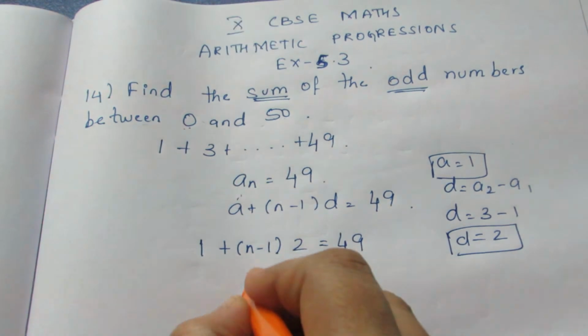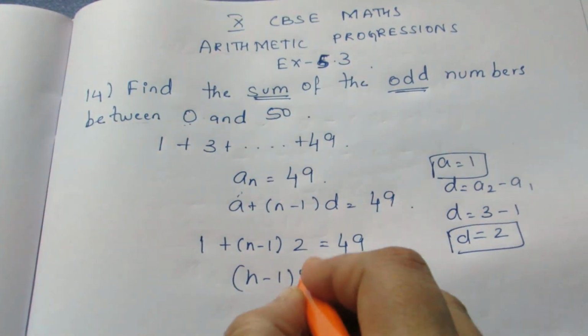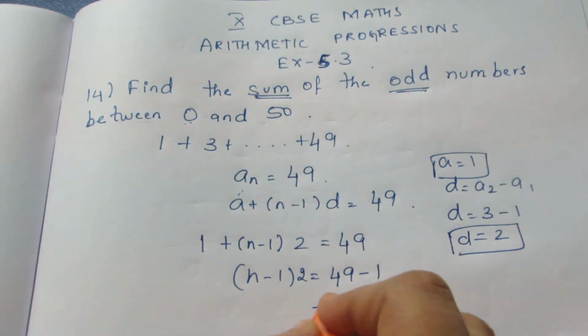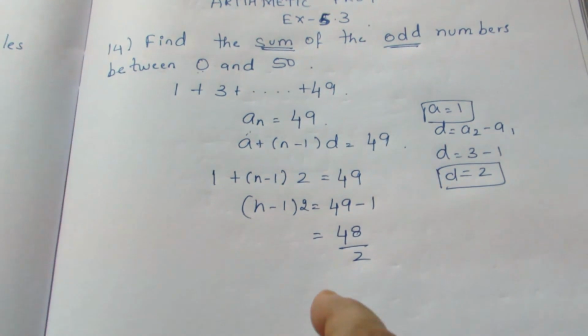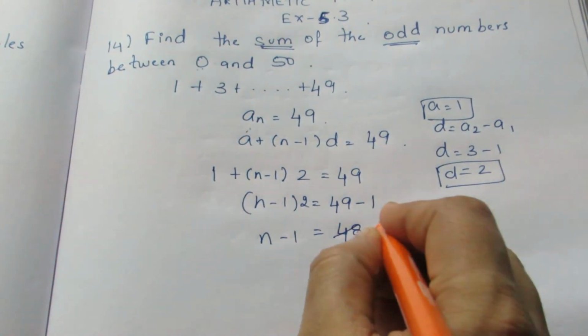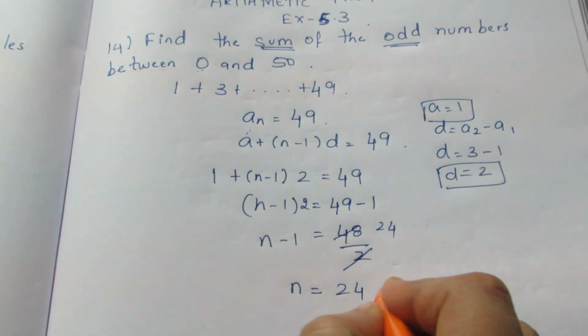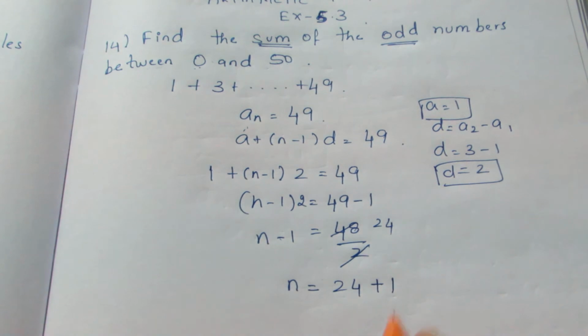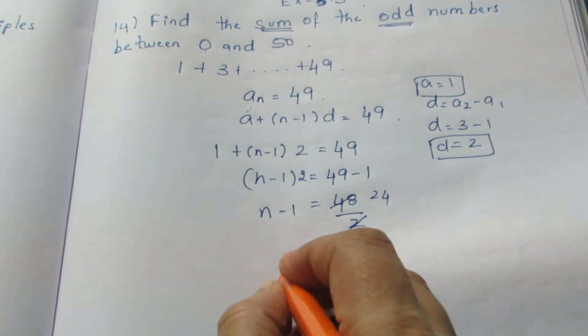Bring 2 to this side: n minus 1 equal to 48 by 2, as 49 minus 1 becomes 48. Cancel: 2 fours are 8, so n minus 1 is equal to 24. If 1 comes to this side, it comes as plus 1. So n is equal to 25.